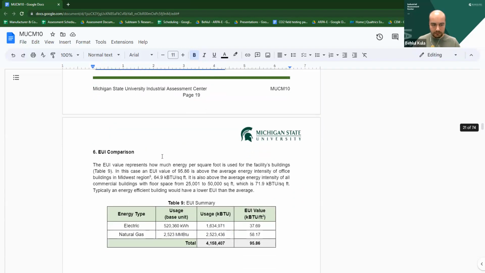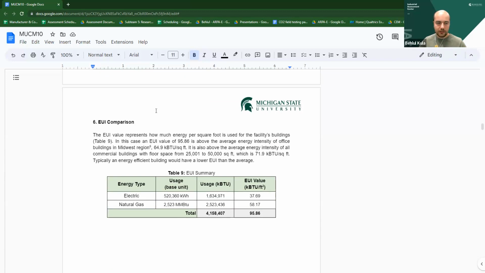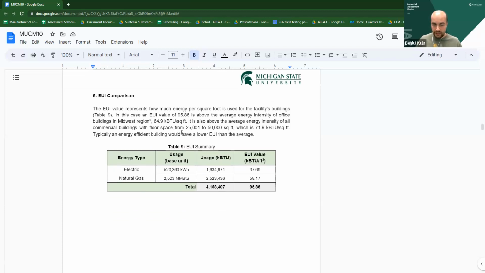Or maybe I can show this part, which is more important than the emission rates. It shows the EUI comparison. Again, this includes both buildings. So I can say that when we look at the average for the Midwest region, your EUI value is higher than the average, but we used an office building here.